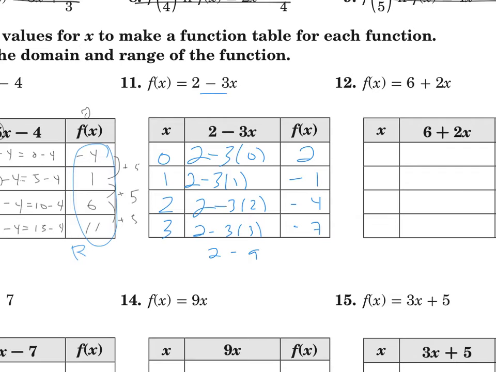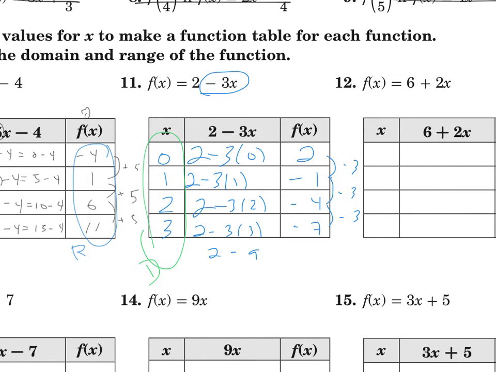And again, you can see here where our slope is negative 3, and each time we are going down 3 on the y-axis for our range. So again, to identify the domain and range here, the domain is the set of x values.